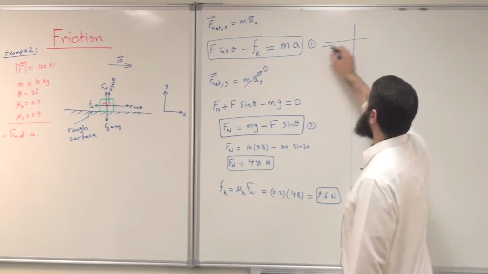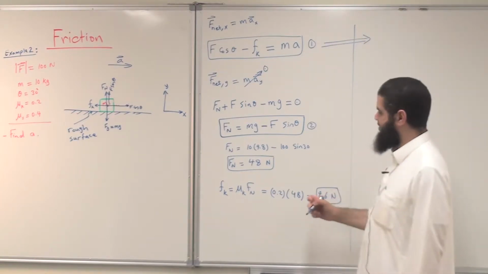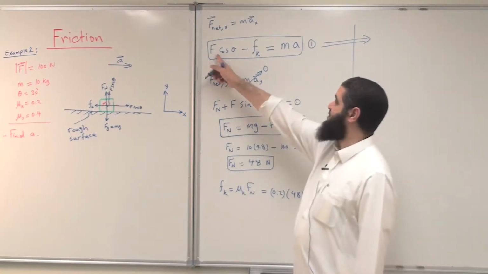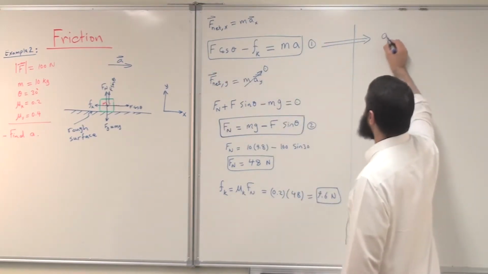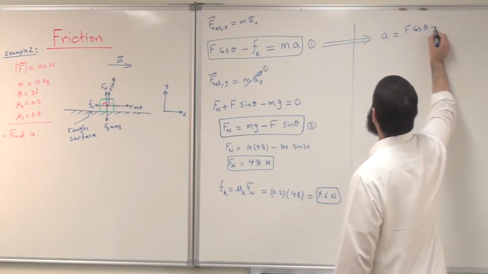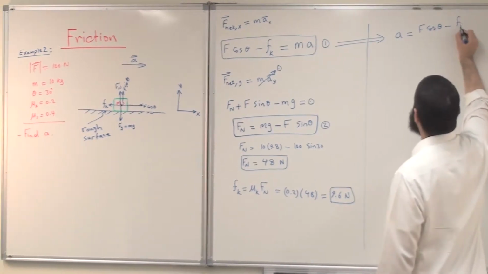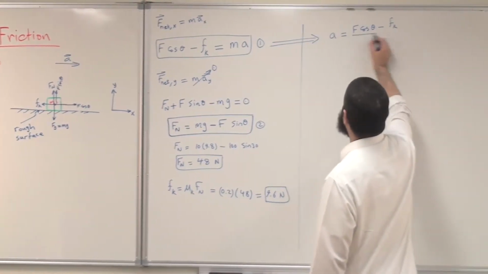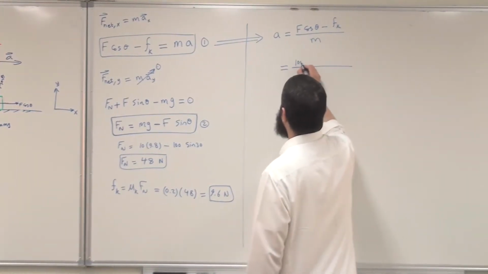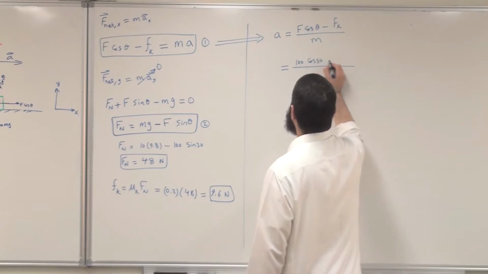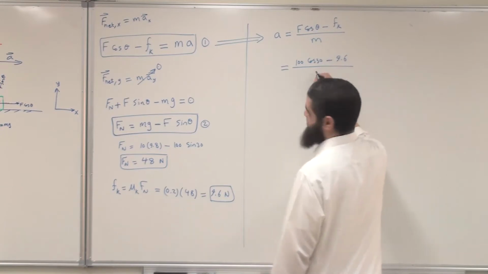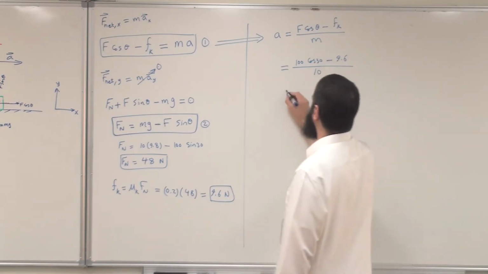I take this equation and plug in the values for Fk, which is 9.6, and the value of F. So the acceleration equals F cosine theta minus Fk, all divided by the mass. Plugging in the numbers: 100 newtons cosine 30 minus Fk, which is 9.6 newtons, divided by the mass, which is 10 kilograms.